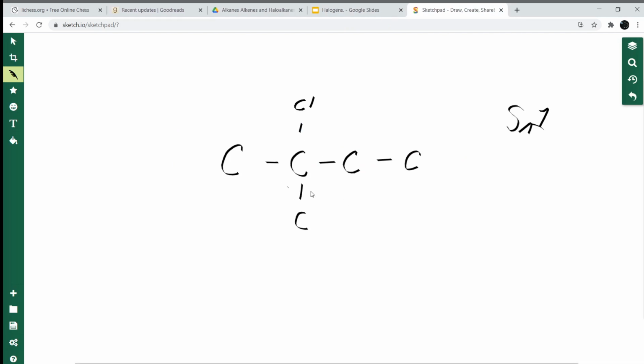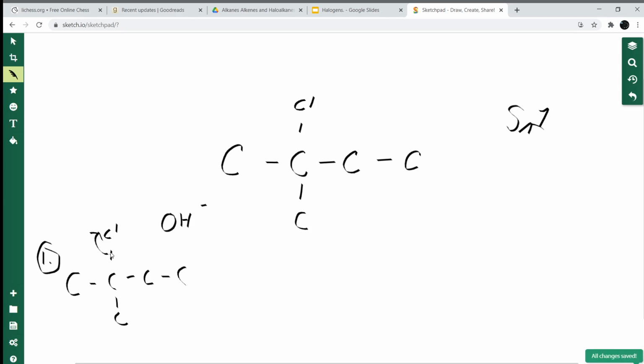So this particular reaction is the SN1. And in the SN1, remember that we have our first step, the rate limiting step, which is just the electrons moving on their own from the carbon bond to the chlorine.